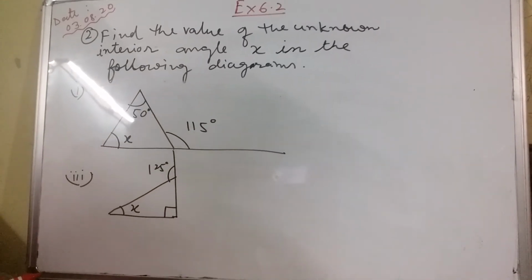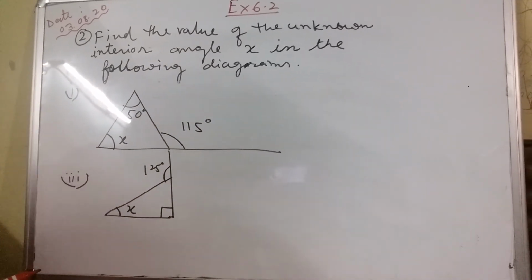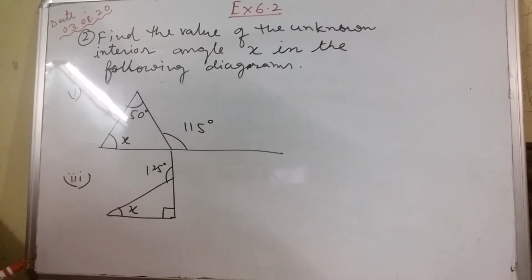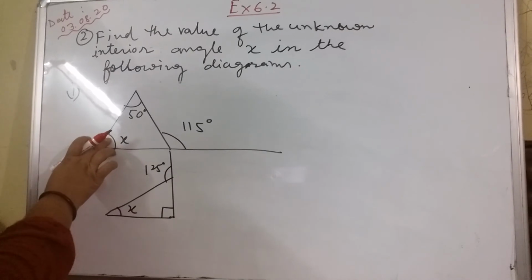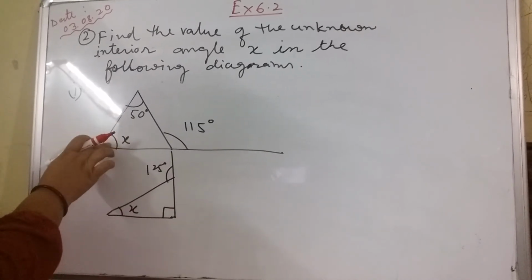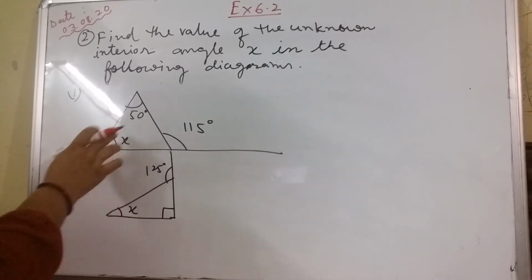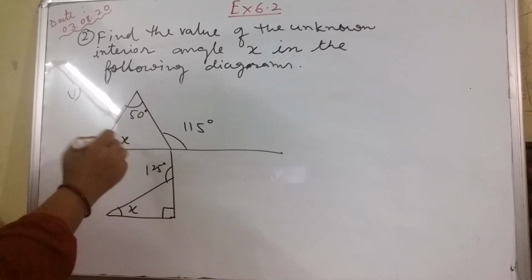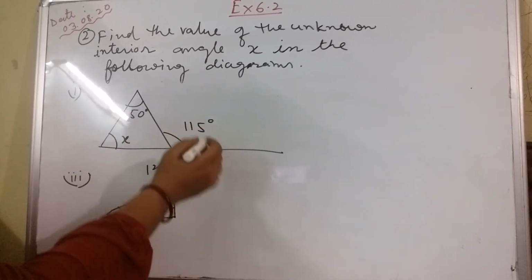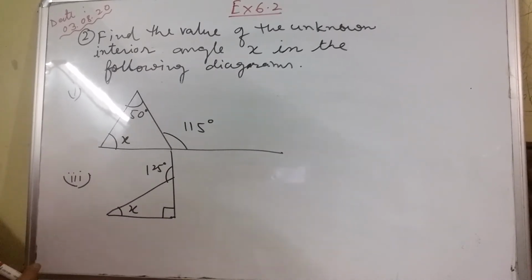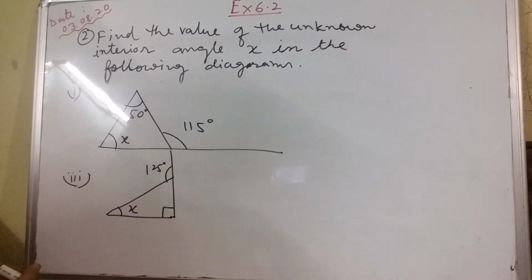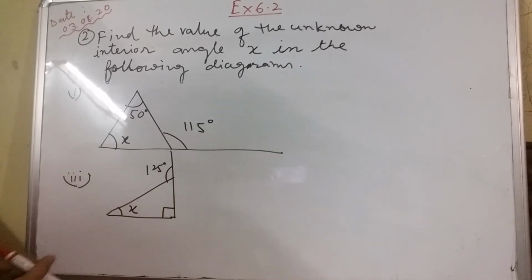Next is question number 2. Find the value of the unknown interior angle x in the following diagrams. Okay, now this x is missing as one of the interior angles and you have to find its value. So according to the exterior angle property, exterior angle is equal to the sum of opposite interior angles.